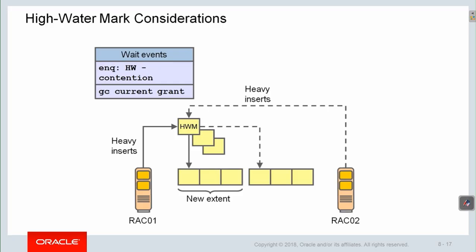If you are using auto-allocate extent management, then you may want to change the initial extent size to something greater than 1 megabyte or 4 megabytes. By doing so, every time space is needed, you allocate large enough space, and then we have enough time to fill that extent. And the next time we need additional space, we allocate another extent, and then we can adjust the high watermark. So that's what we can use.